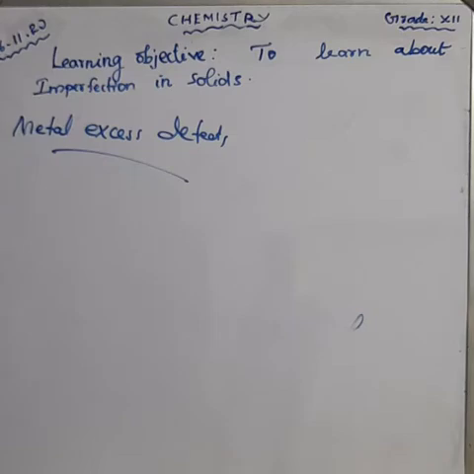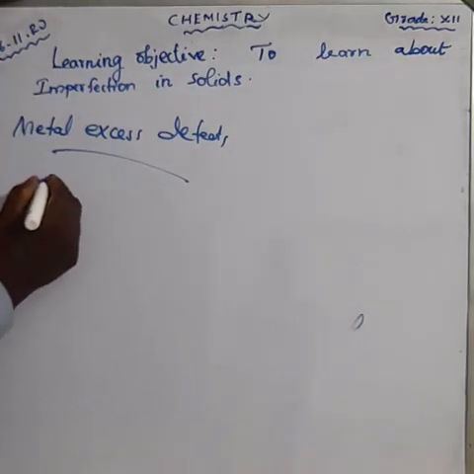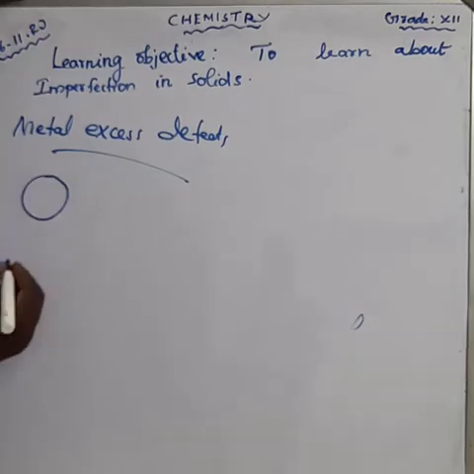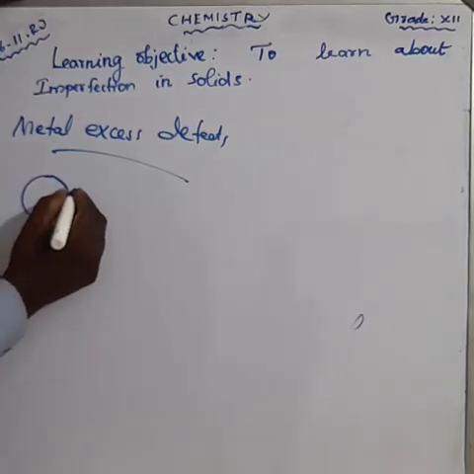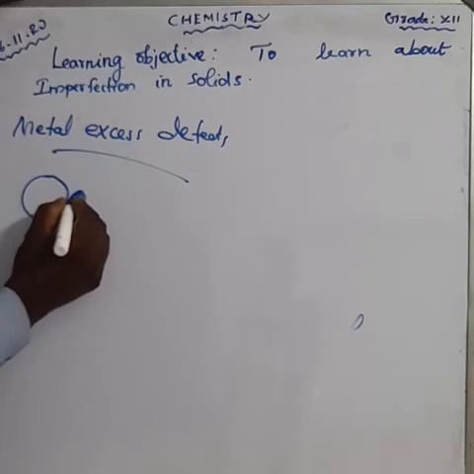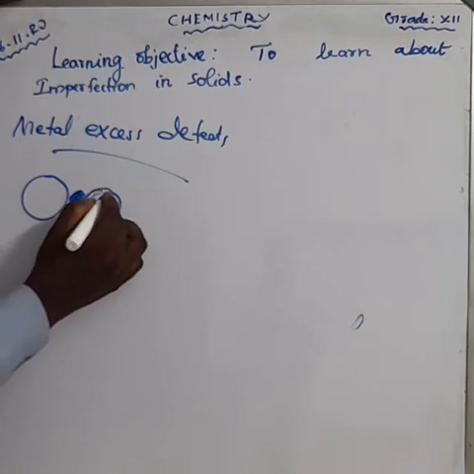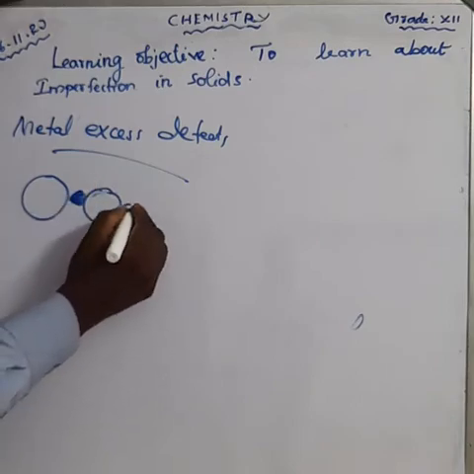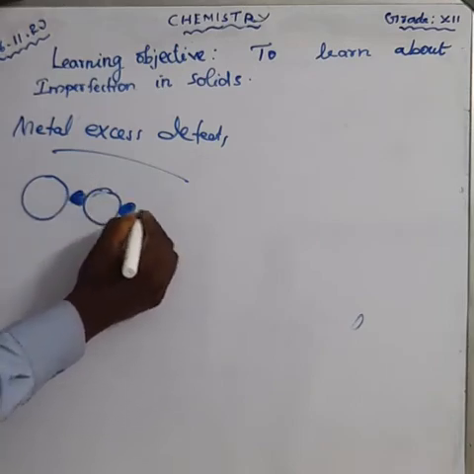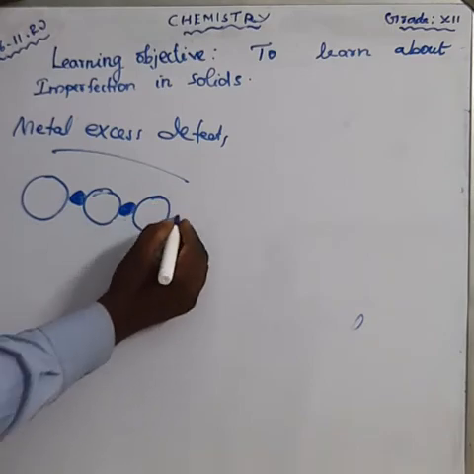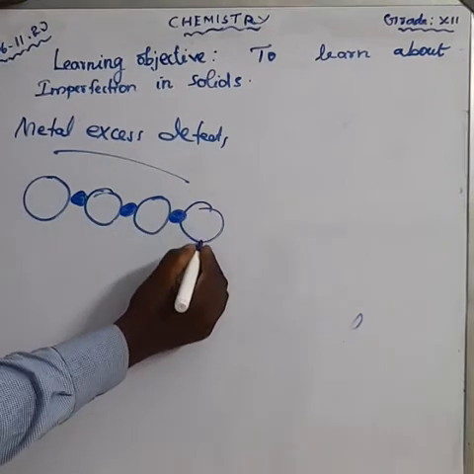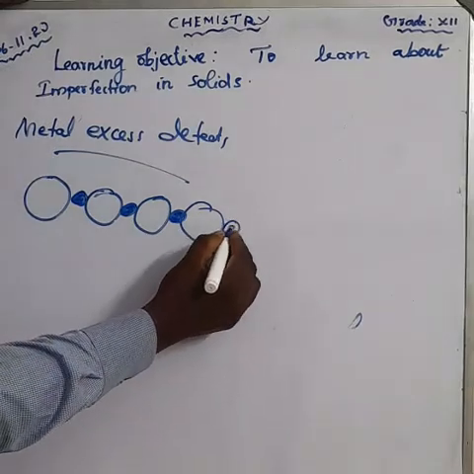Okay, first we can draw the diagram. This is the chloride ion. Next one is the sodium ion. Sodium, chloride ion, sodium ion, chloride ion, sodium ion, chloride ion, sodium ion.